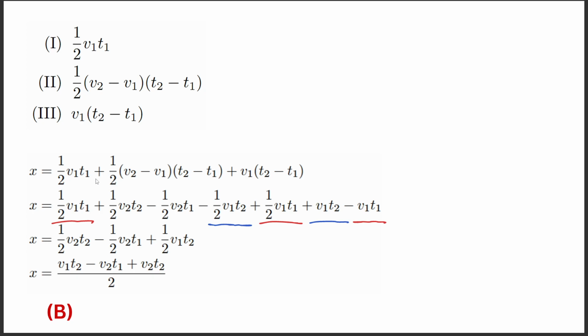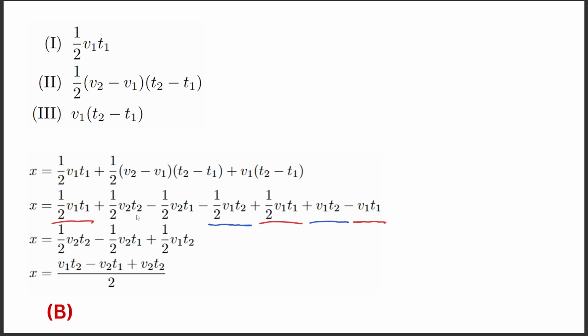and we can brute force this. We can multiply all of this out, and it becomes like this. And we see if we can subtract or add terms that have the same variables. So we search for v1 t1.